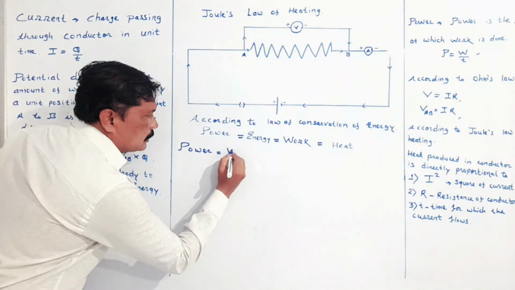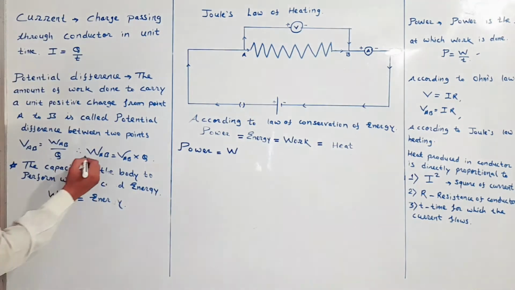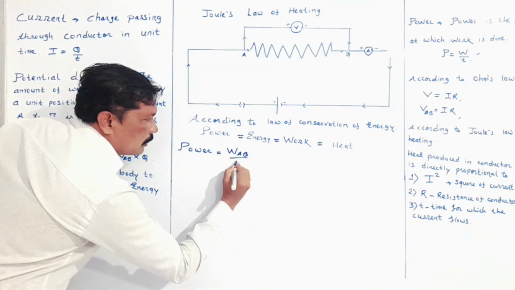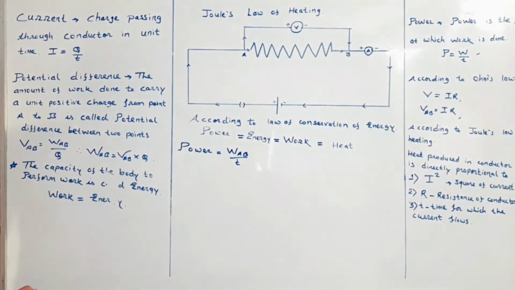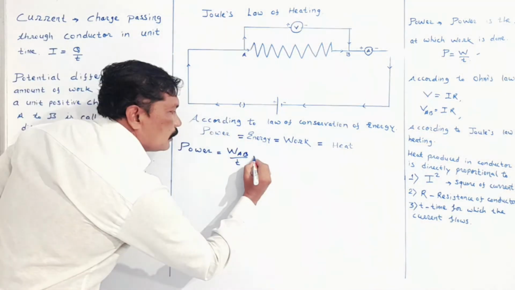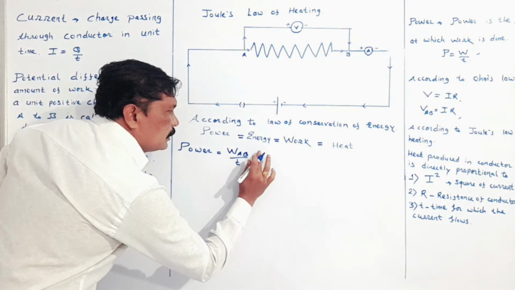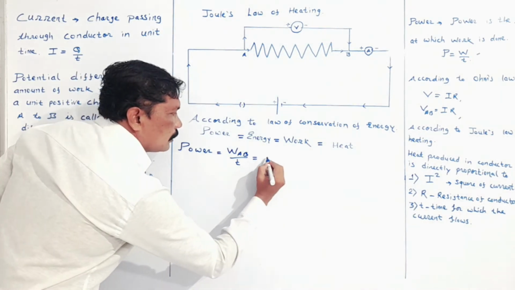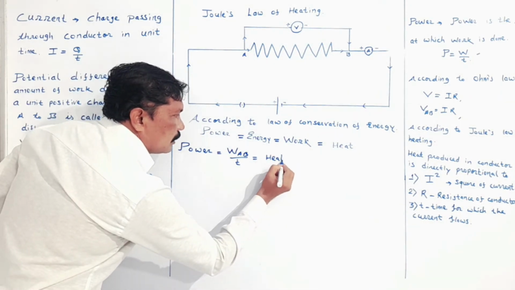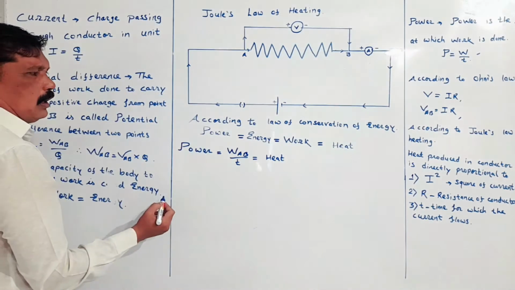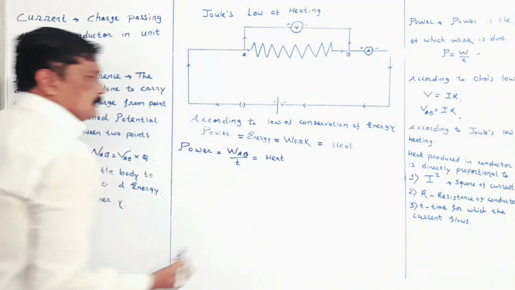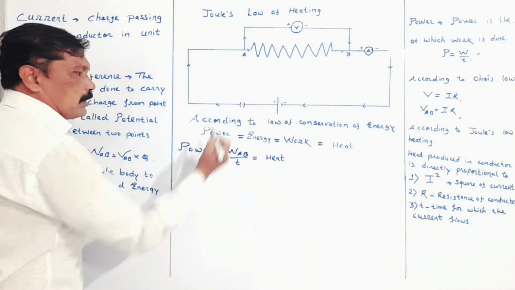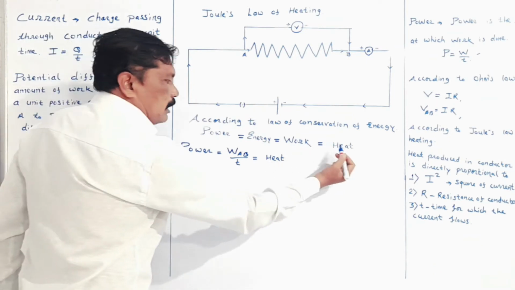So we will write power is equal to work WAB upon time, which is equal to heat. From the above concept, we have taken power and written the formula of power: power is equal to work upon time, which will be equal to heat.